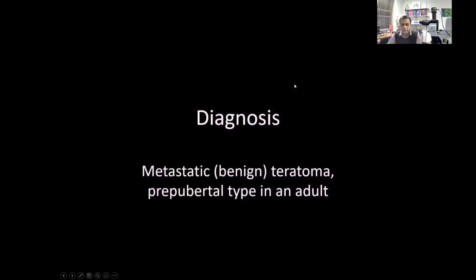So the final diagnosis in this case was a metastatic benign teratoma, because we could never prove malignancy here, and every morphologic feature, cytogenetic feature, seemed to indicate that it's benign. And this is a prepubertal type teratoma, which is not only benign, but also metastatic in adults.